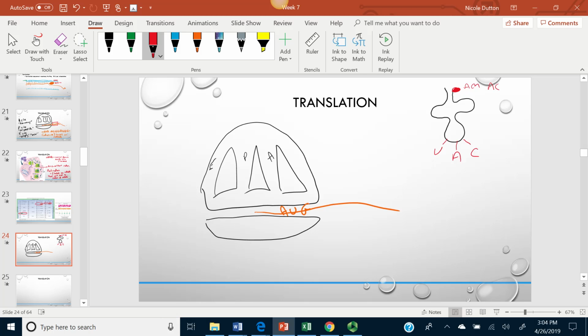Now this transfer RNA will migrate over to the ribosome, and it'll enter into the ribosome, carrying its amino acid.